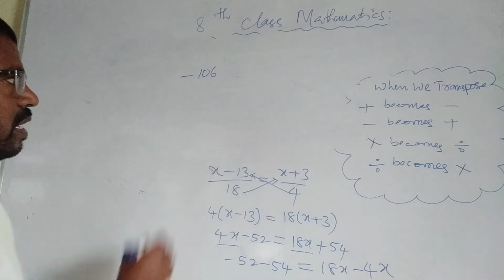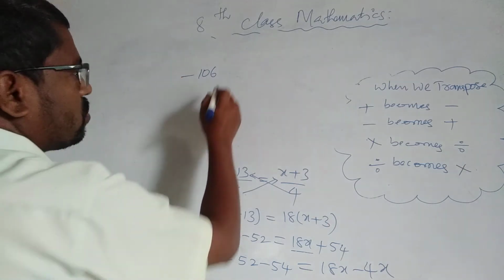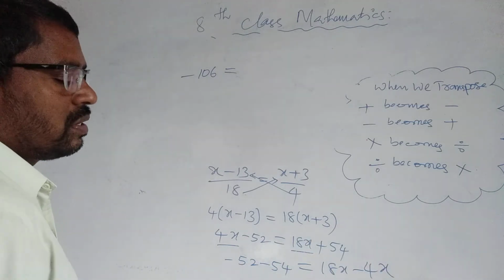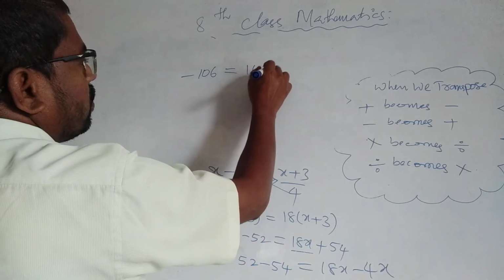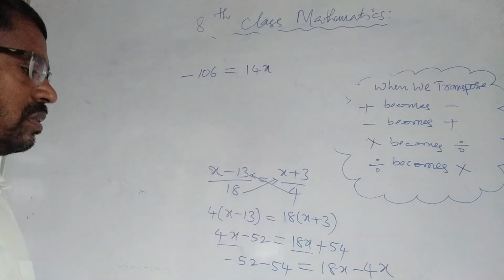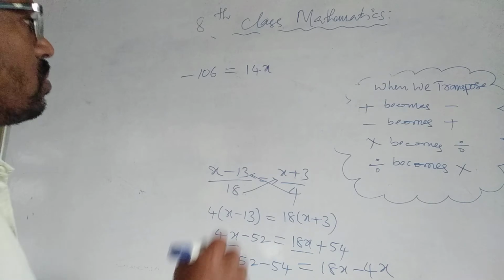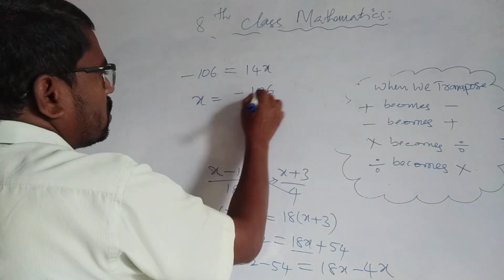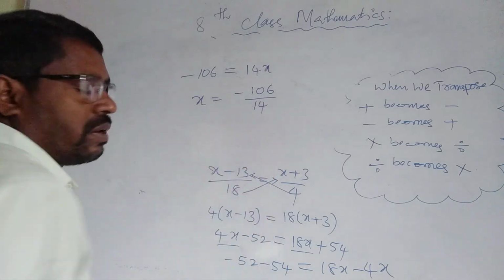Both are the same sign, so I want to keep the minus sign. It is equal to 18x minus 4x. How much? 14x I am getting, because 18 minus 4 is 14. So x is equal to minus 106 by 14.